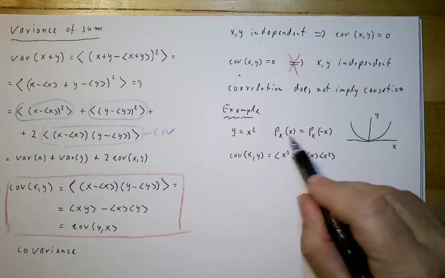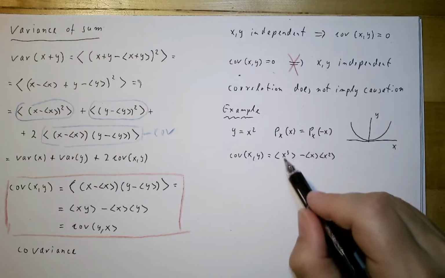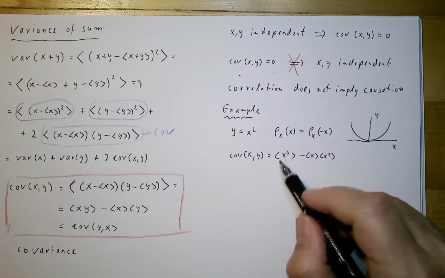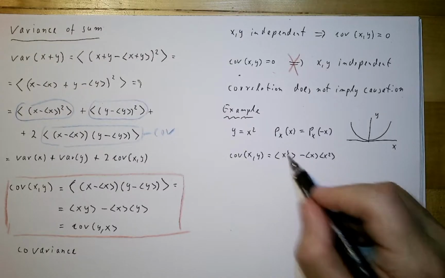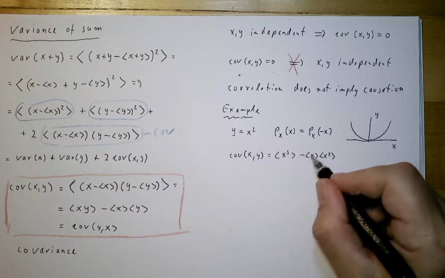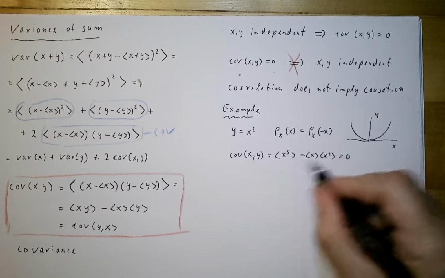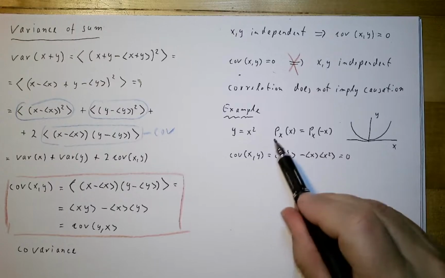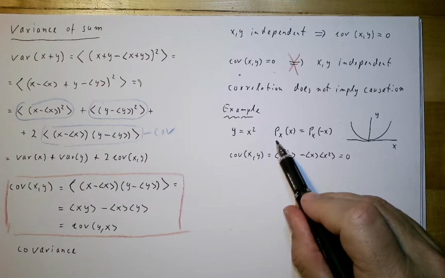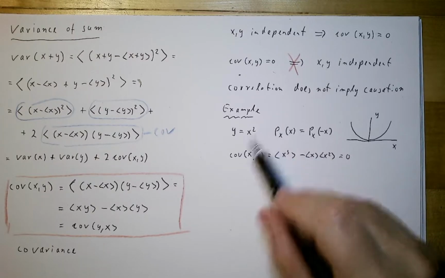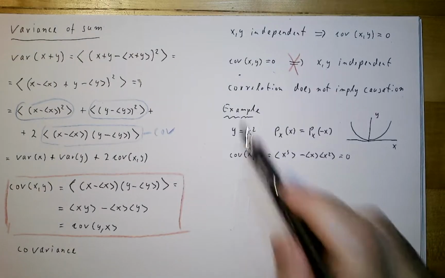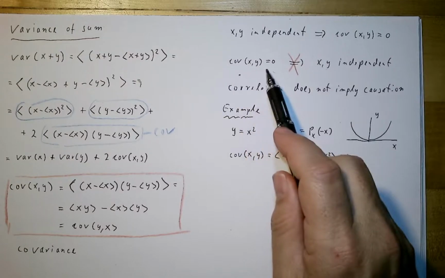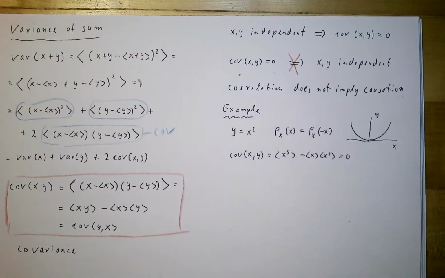Now since this distribution is symmetric, but you have a power of x which is an odd number, this is 0, and the expectation of x is 0, so the covariance is 0, but these random numbers are not independent. So we cannot conclude in general, if the covariance of two random numbers is 0, that the random numbers are independent.